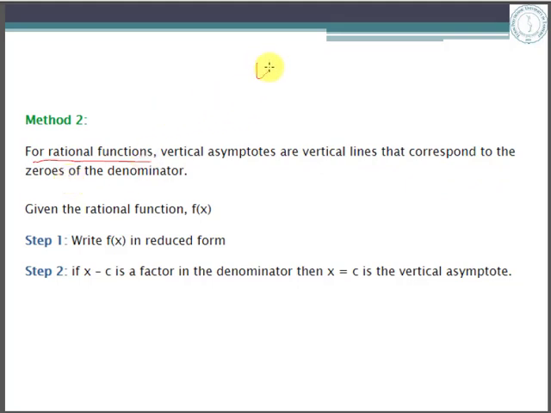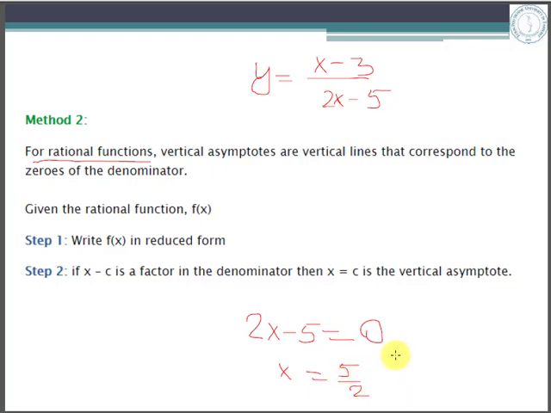For example, if we have the function (x - 3) over (2x - 5), the denominator should be equal to 0, and in this case we have the vertical asymptote. Equating our denominator to 0, we get x = 5/2. So this line is the vertical asymptote of our function.